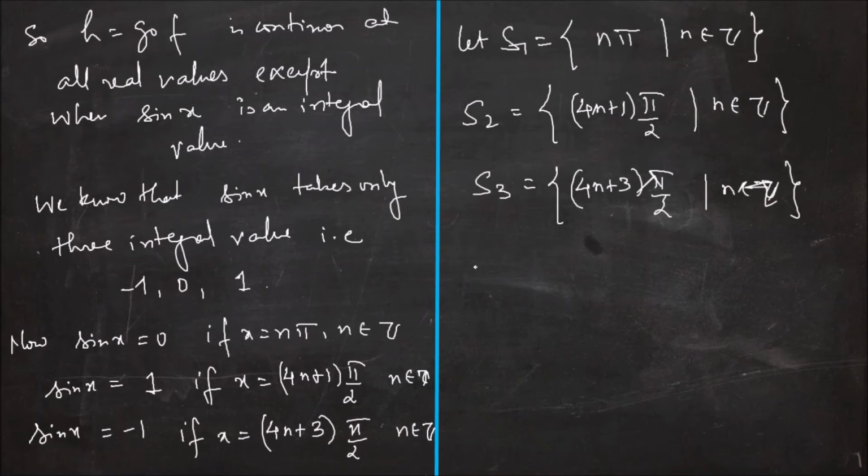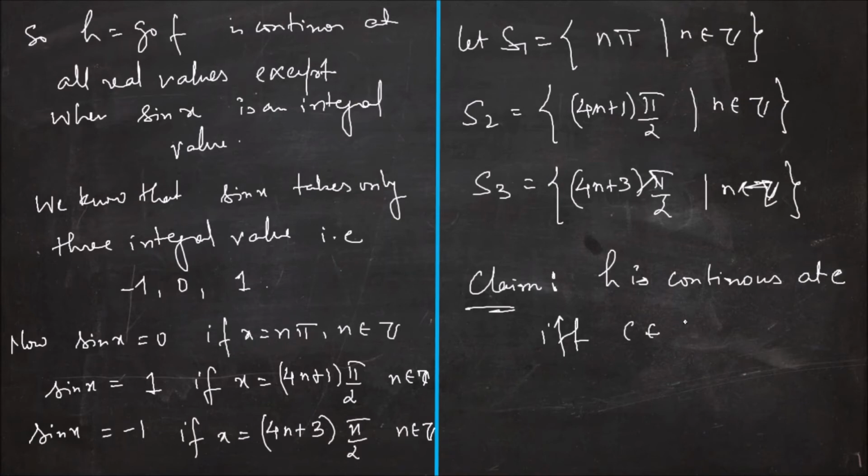So now we will make a claim. This is what we are going to show. Claim: H is continuous at c if and only if c belongs to R minus (S1 union S2).